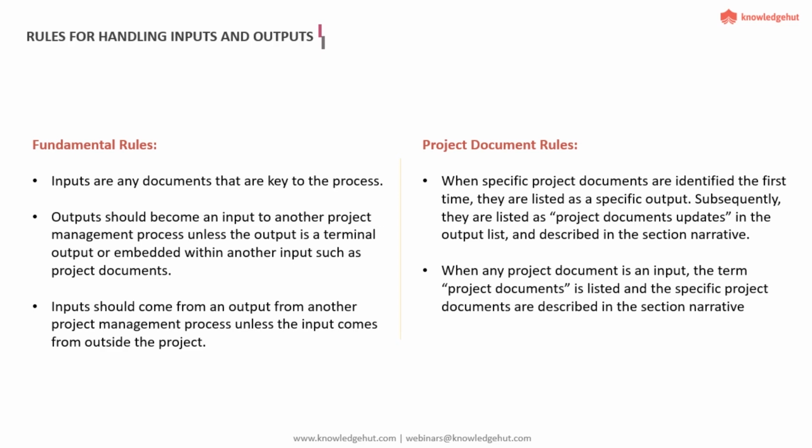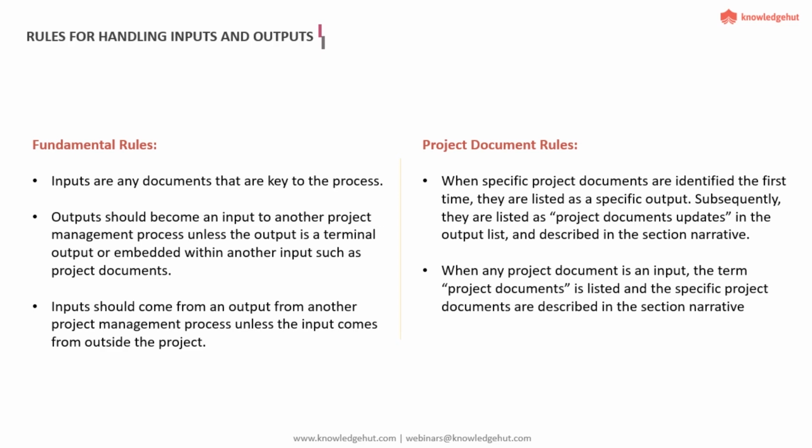When I say document, I mean a requirement document, a stakeholder register, a risk register, a list of activities; these are examples of documents. So when we talk about these 47 or 49 processes, right now we have 49 processes in the 6th edition, the input list would contain a good amount of relevant documents for that process.